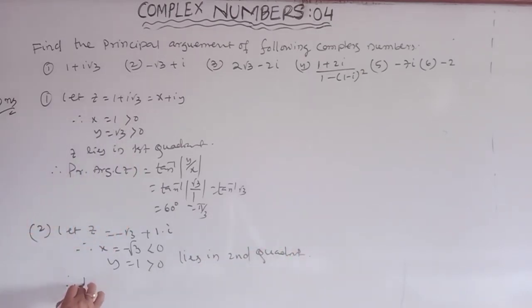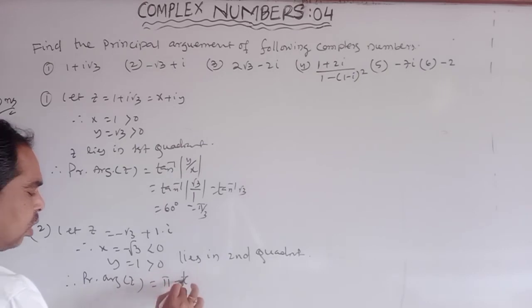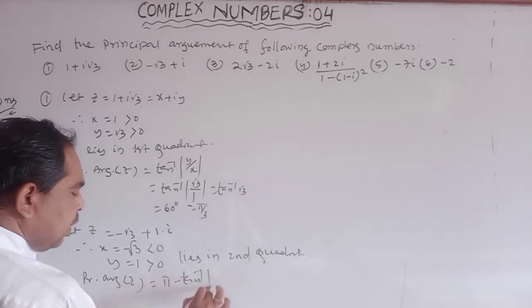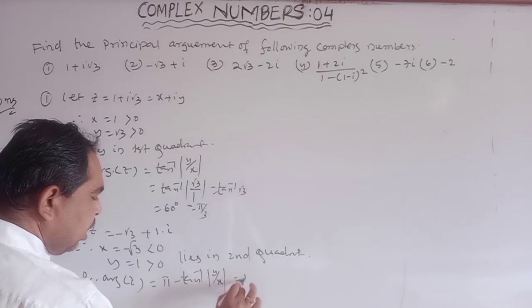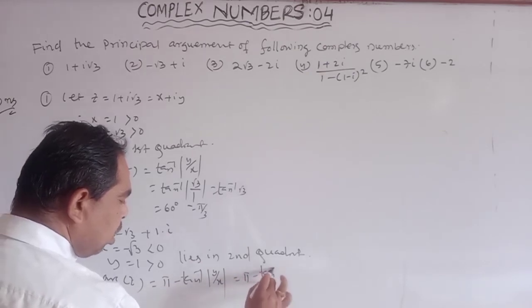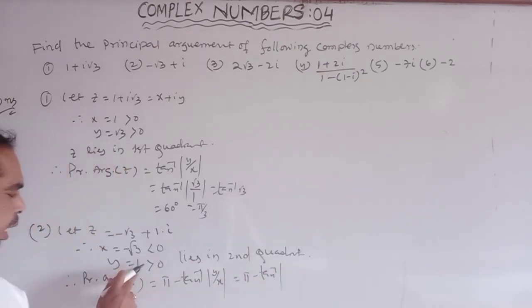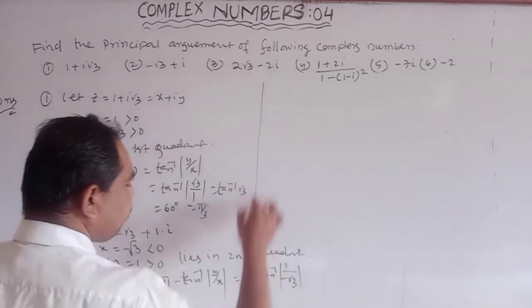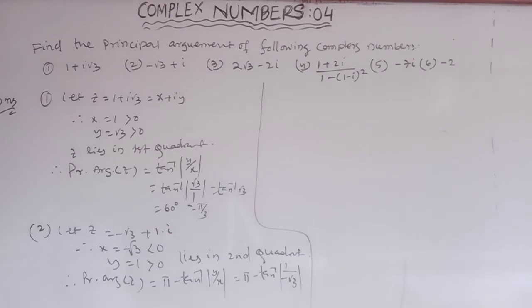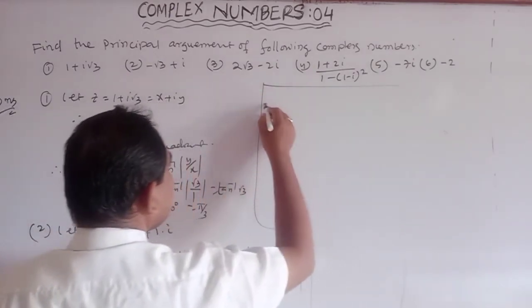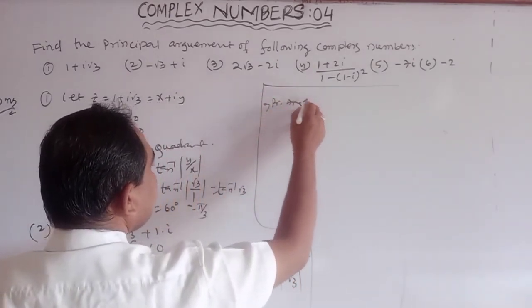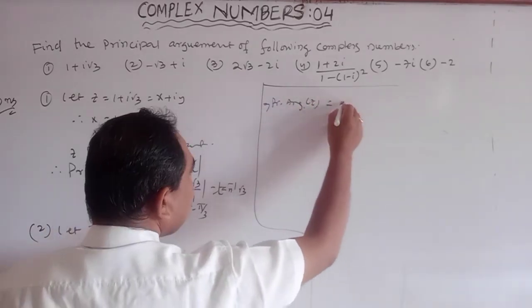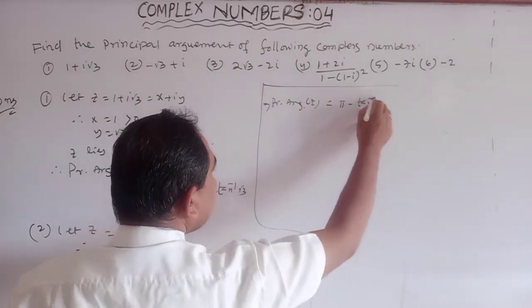Therefore principal argument of z is equal to pi minus tan inverse mod of y by x. Y is 1, x is minus root 3. So principal argument of z is equal to pi minus tan inverse 1 by root 3.